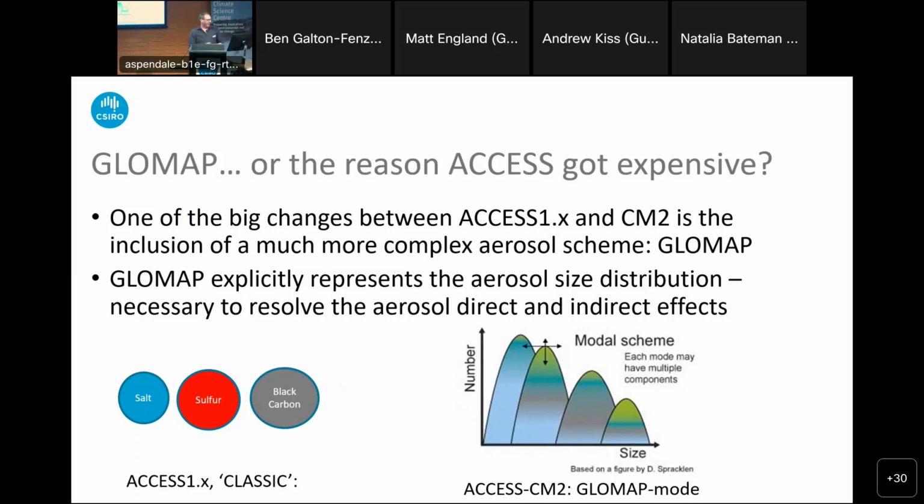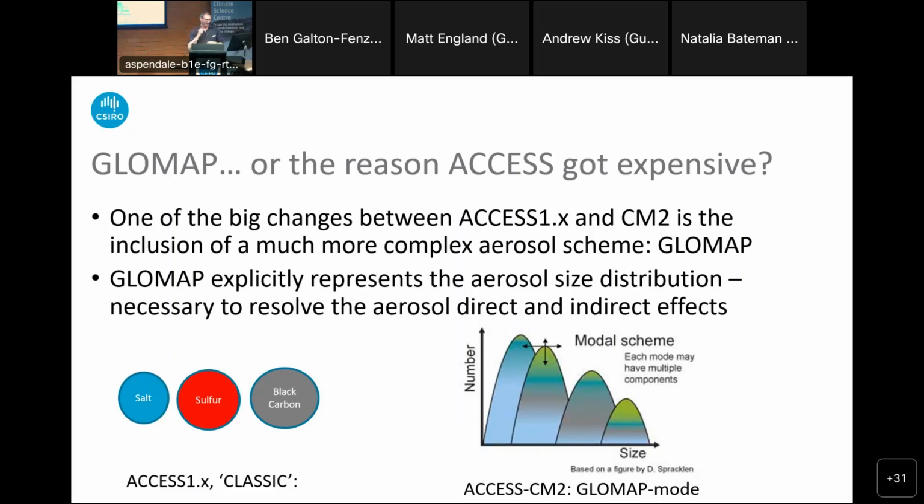I could spend more time perhaps explaining to you the benefits of having the more complex aerosol scheme. But the plot I haven't shown is the IPCC forcing plot, the summary of the forcing. So you've got the CO2, the methane, the ozone, and you see the aerosol one, and it's always had error bars about that big, whereas all the others are about that big. And it hasn't changed between AR3, 4, 5, 6.